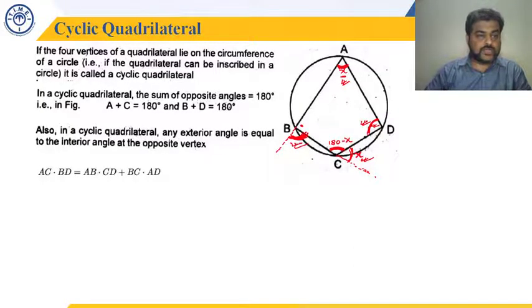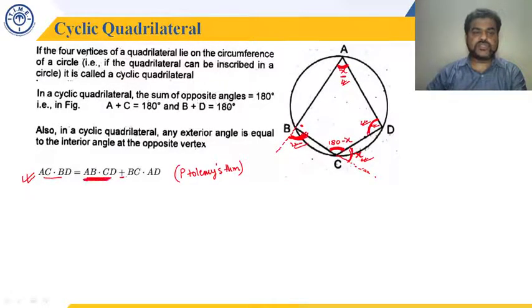Now this is another property which is true in a cyclic quadrilateral, and this property also has a name. It is known as Ptolemy's theorem. In the name the T is silent. So this theorem says AC into BD, which is nothing but the product of the diagonals, is equal to the sum of the product of opposite sides.